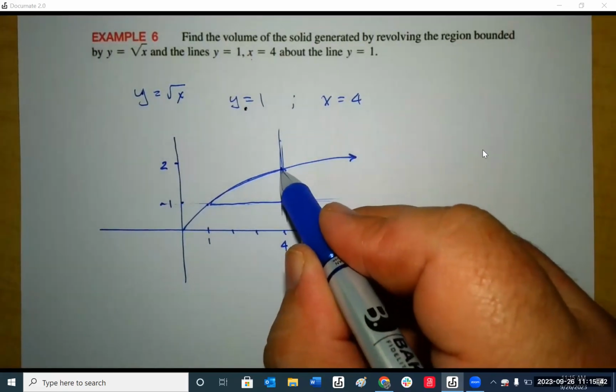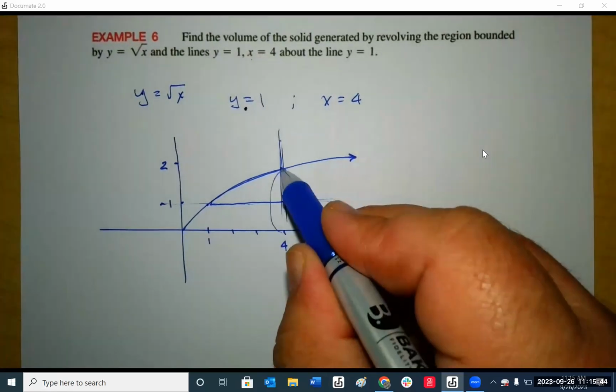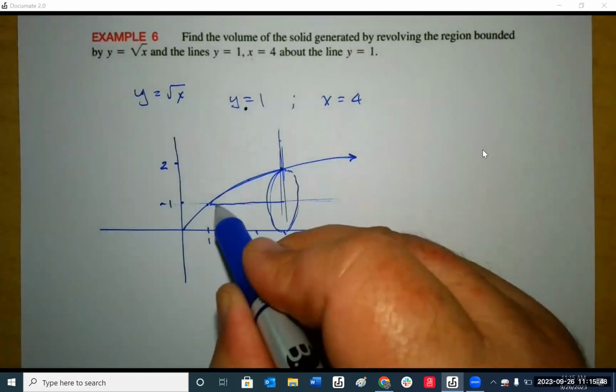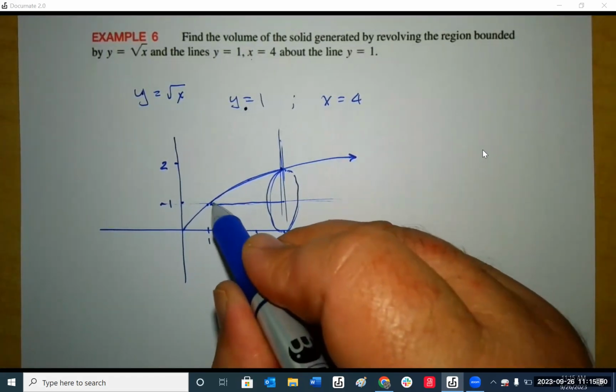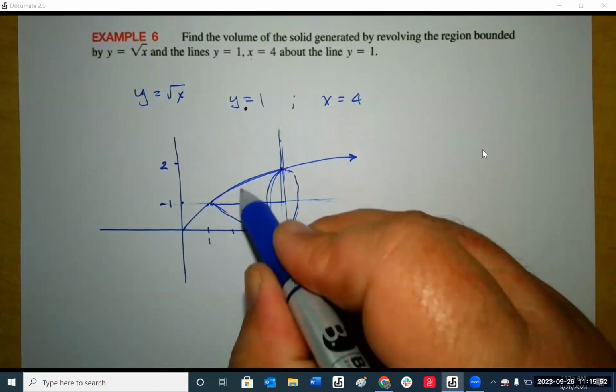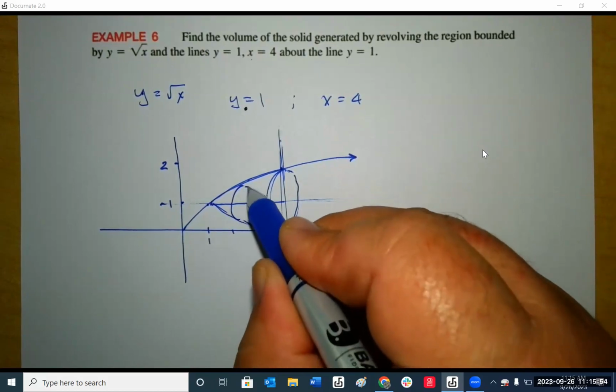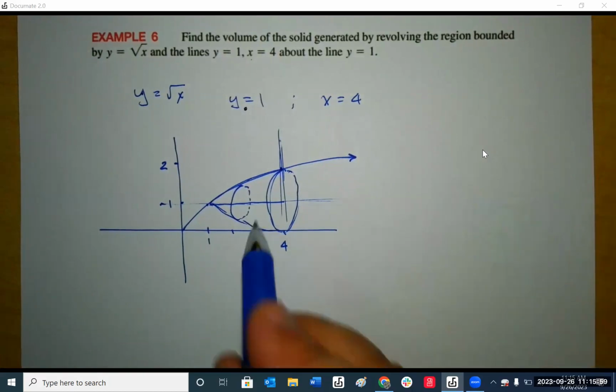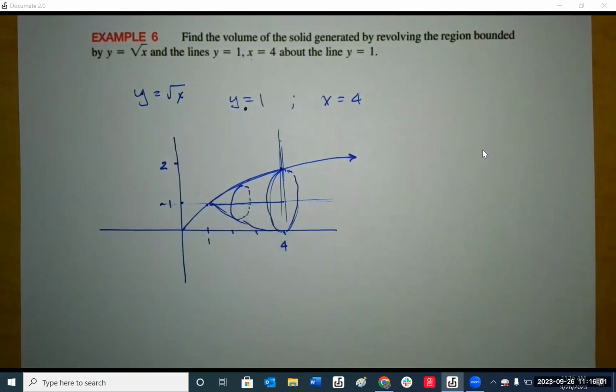So we go down 1, as it revolves. This is the volume we're looking for here.